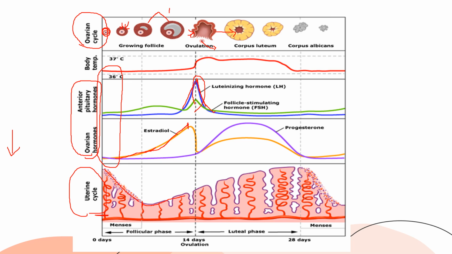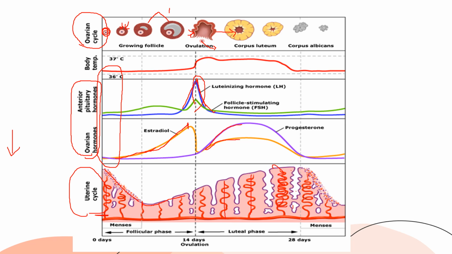The corpus luteum is going to start producing high levels of progesterone, low levels of estrogen, and those levels of progesterone and estrogen are going to act on the endometrium, causing them to thicken, causing the radial arteries, spiral arteries to become more tortuous, and causing an increase in glandular tissue. As that occurs, they're going to become more and more echogenic.